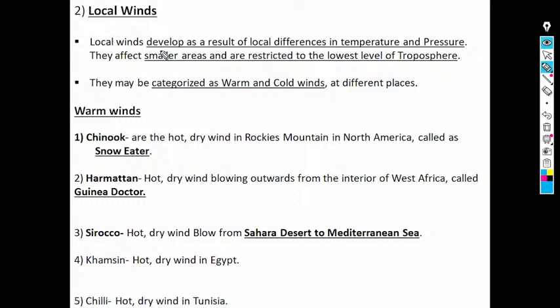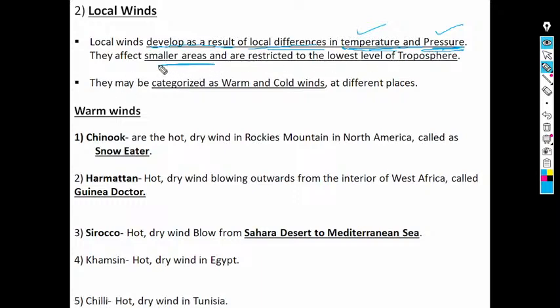Local winds develop as a result of local differences in temperature and pressure. Local wind can develop as a result of local difference in temperature or pressure.